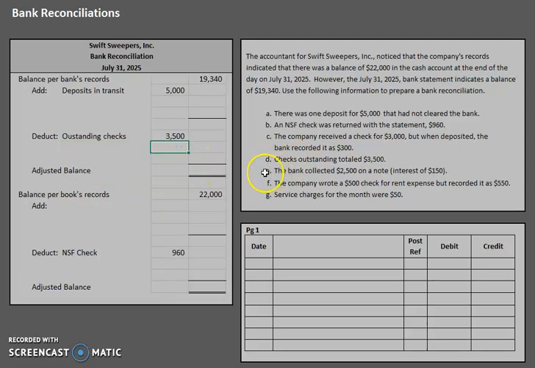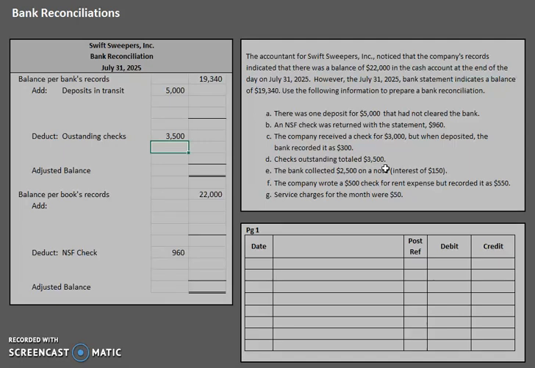Now for E, the bank collected $2,500 on a note, and that note included interest of $150. So essentially, the bank collected $2,500 on our behalf. This happens every once in a while. The bank will make regular collections or someone makes a regular deposit into our account. So let's think about it. Who knows about it right away?